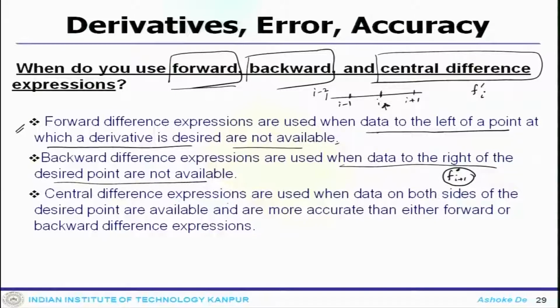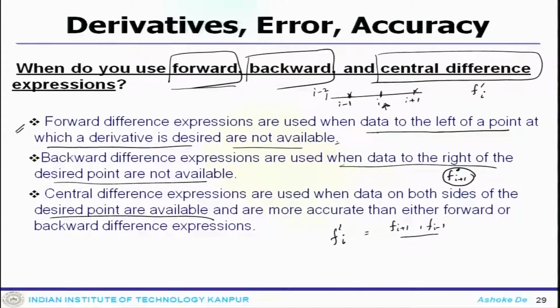Now, central difference expressions are contrarily used when data on both sides of the desired point are available. That means if I am trying to find f prime at i, I need both f_{i+1} and f_{i-1}. So, if the information at these points is available, only then can I use the central difference scheme.